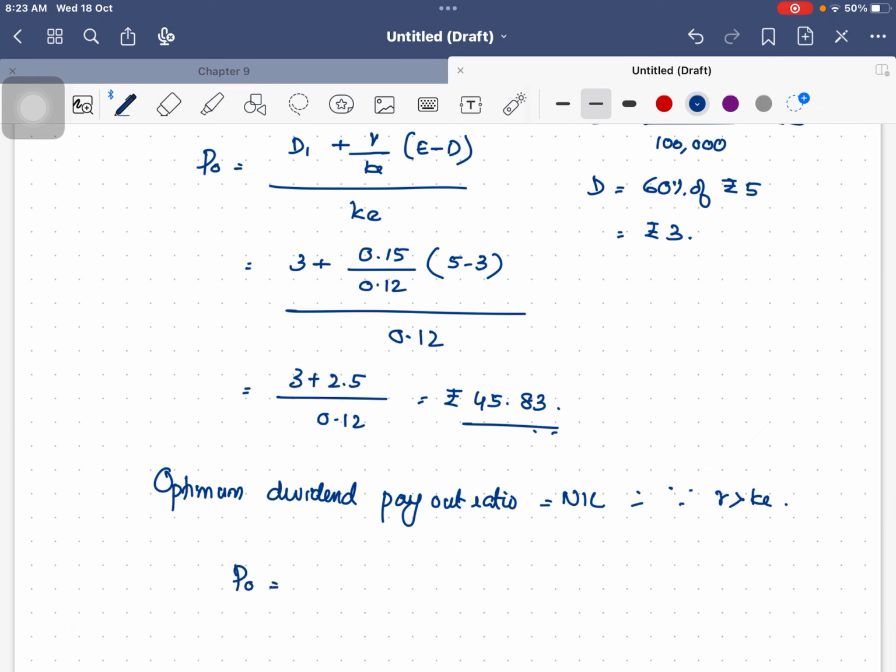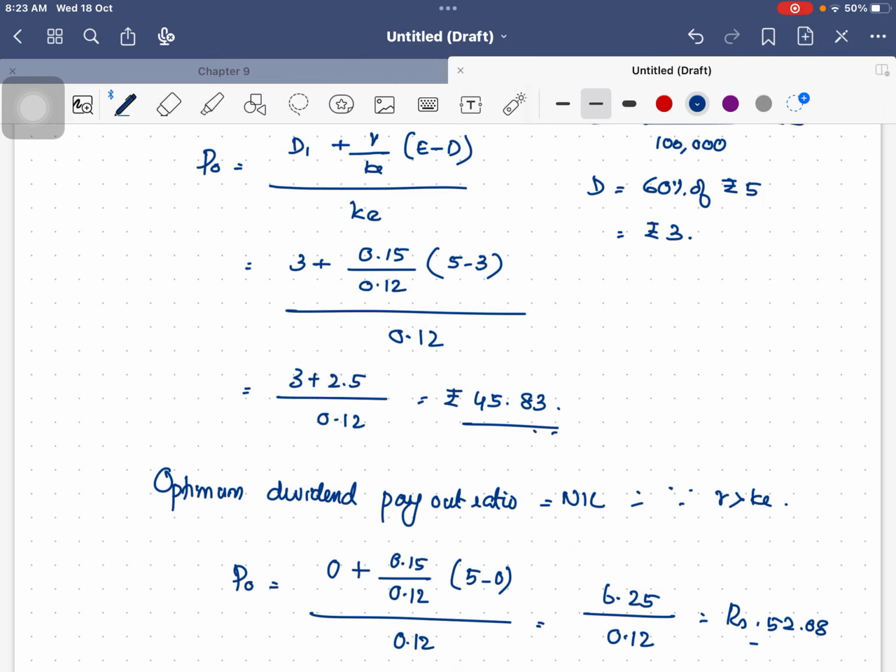Value of the firm P0 is equal to D0, which is 0, plus 0.15 divided by 0.12, into E minus D, which is 5 minus 0, divided by 0.12. That is 0.15 into 5, which is 0.75, divided by 0.12, and it will come to rupees 52.08 per share.